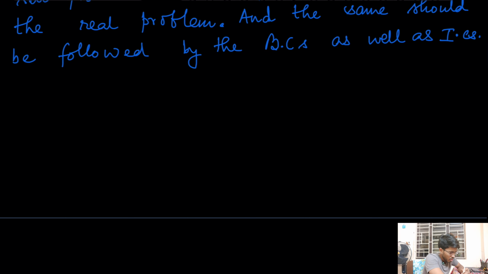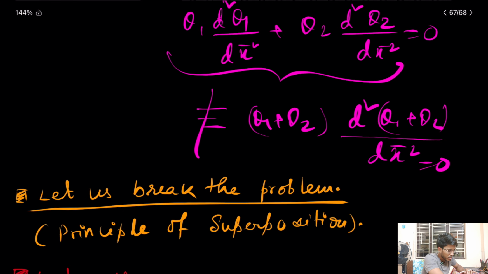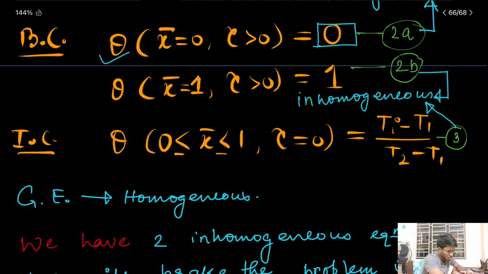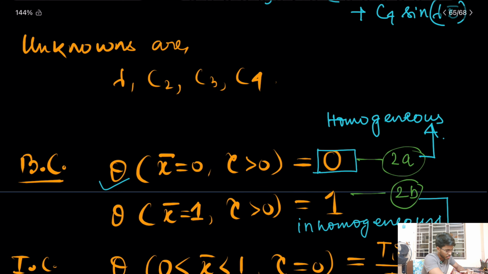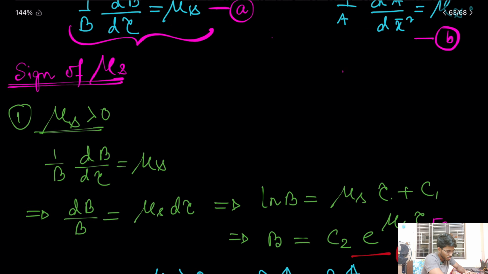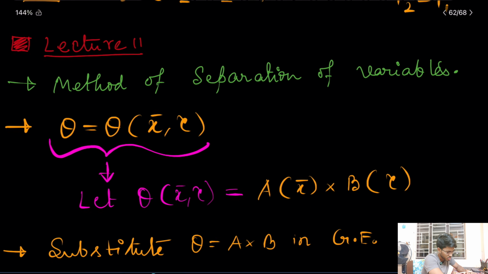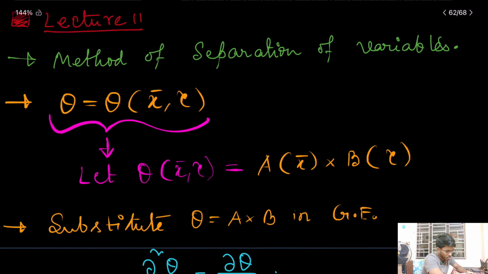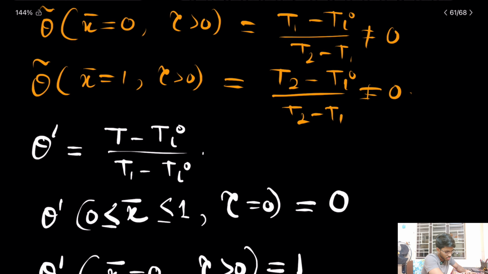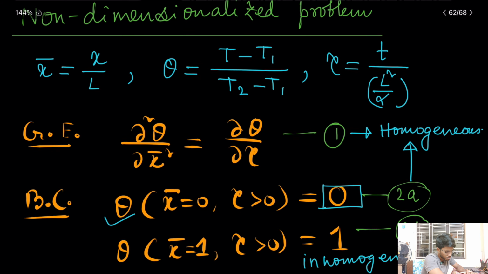Here, firstly, we again write the non-dimensional governing equation and the boundary conditions. Let me write those things again. Let me find those and copy them. Not this one.